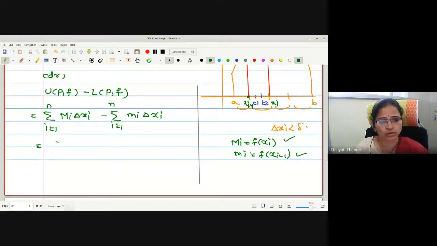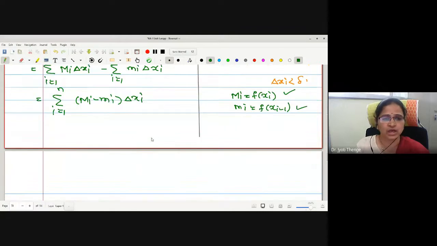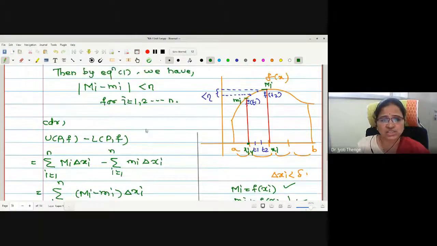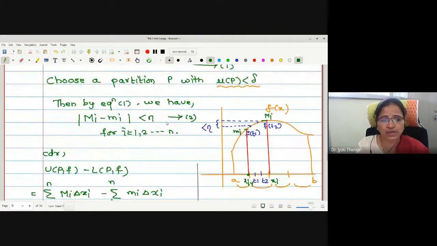Let me combine the summation: capital Mi minus small mi into delta xi. Therefore, can I use this statement now? Let it be 2: modulus of capital Mi minus small mi is less than eta.